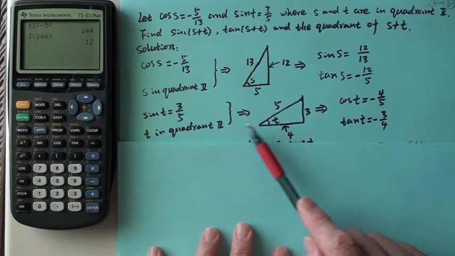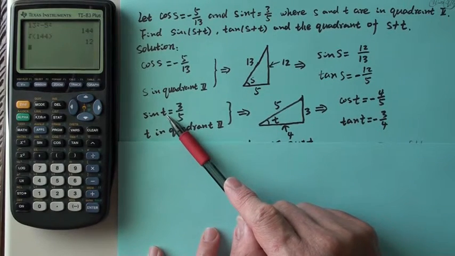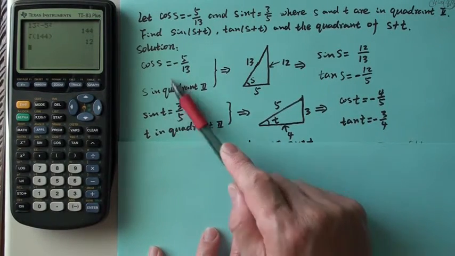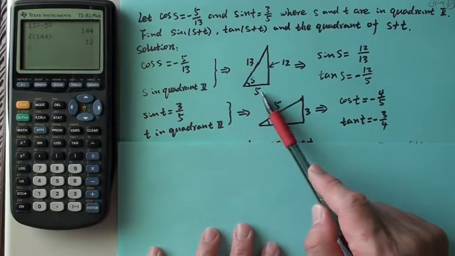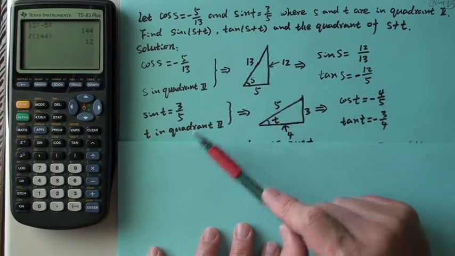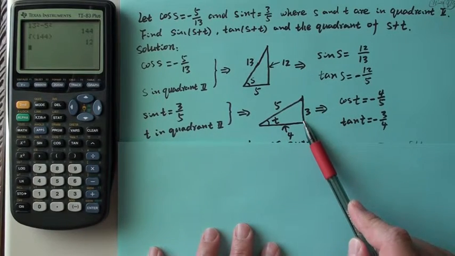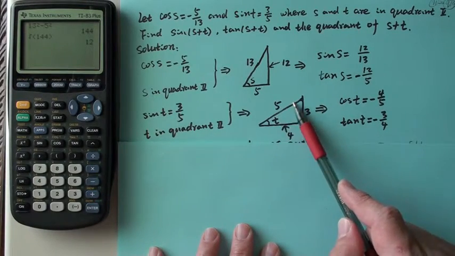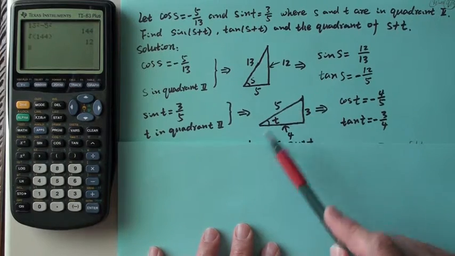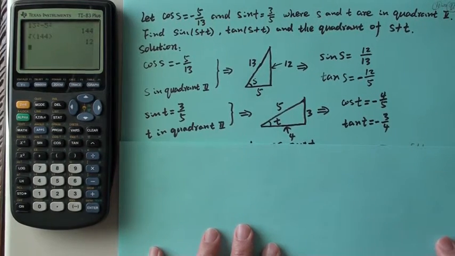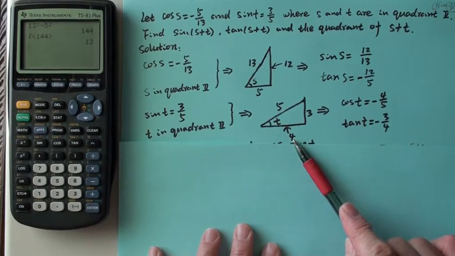Put t here. Here is sine; before it was cosine, where we put 5/13. But here is sine t, so you put the opposite side over 5, 3/5 here. Then of course this side will be 4, no doubt.